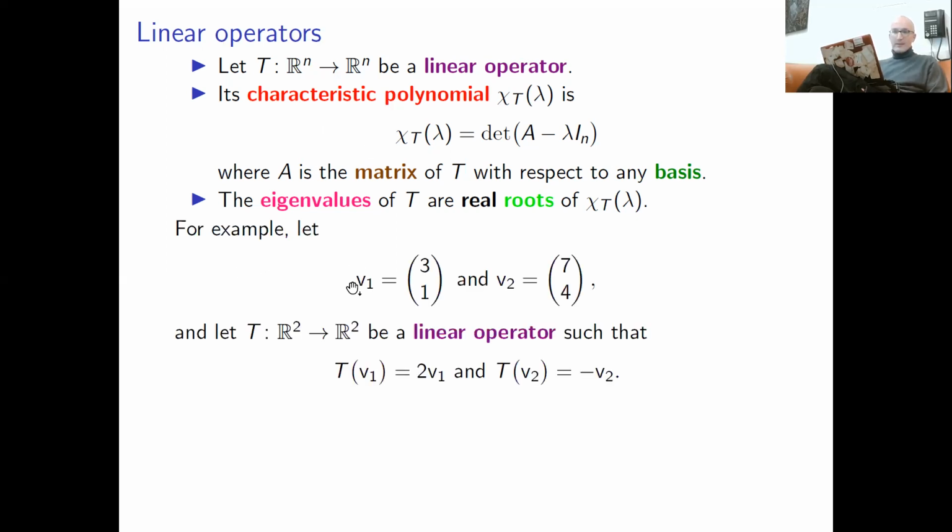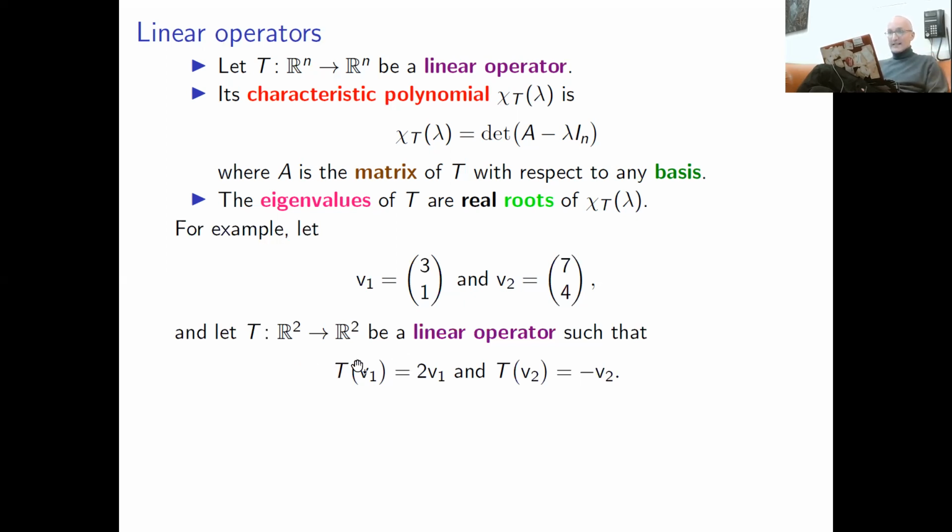I choose some random basis of a plane, R2. I just randomly grab these vectors, and then I define the linear operator T by these two equalities. If you remember, we proved in the previous lectures that a linear operator is uniquely determined by its values at the basis vectors of the vector space.